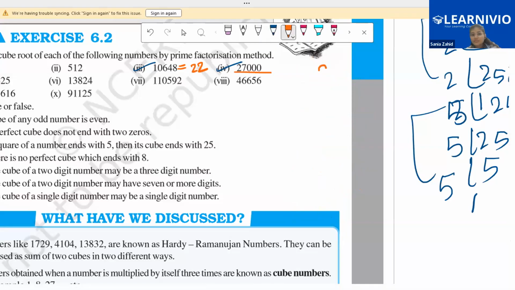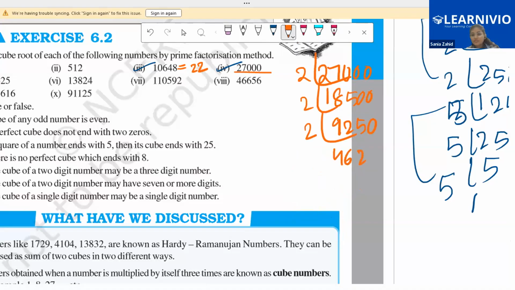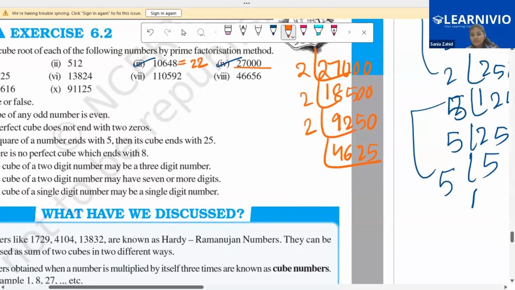Next, Harmeen, tell us. Yes, ma'am. 27000 can be divided by 2. Then again by 2.